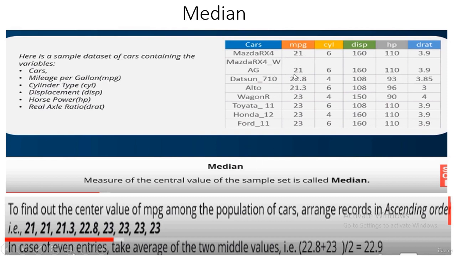If the count is even, we take the average of the middle two numbers. In this case it is 22.8 plus 23 divided by 2, equal to 22.9, which is the median. If there had been an odd number of rows, we would have taken the middle value, and in that case we would not have divided.